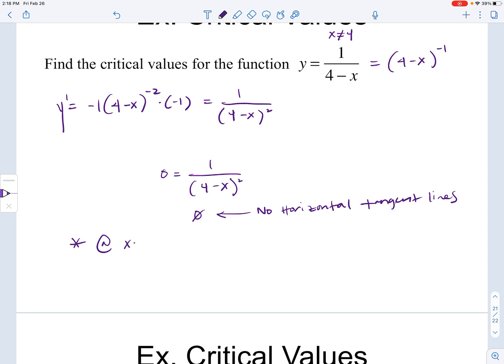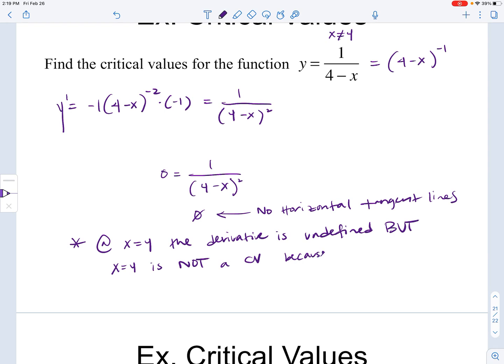So I'm going to write a note about that. So at x equals 4, the derivative is undefined, but x equals 4 is not a critical value because it is not in the domain of the function.